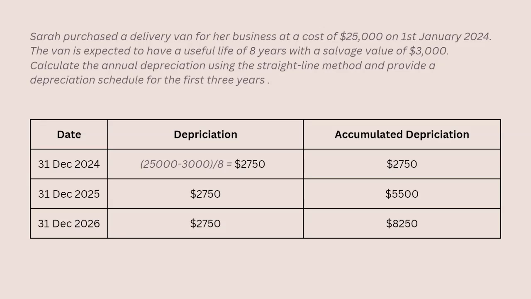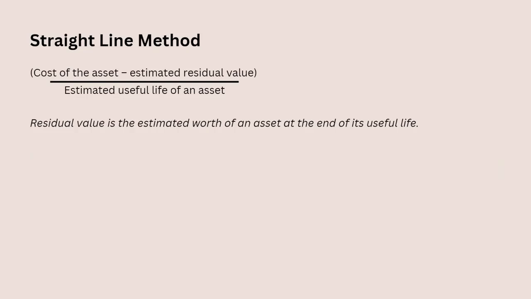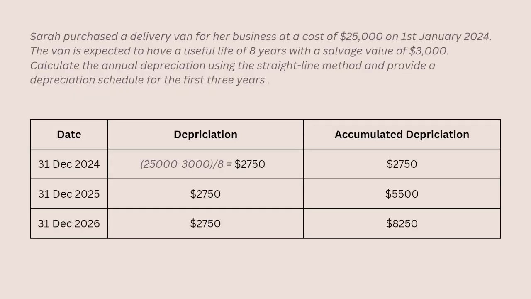So on 31st December 2024, she is going to use the formula for the straight line method. She's going to reduce $3,000 from $25,000, and whatever the amount is, she's going to divide it by 8. So she's going to get $2,750 as the depreciation.